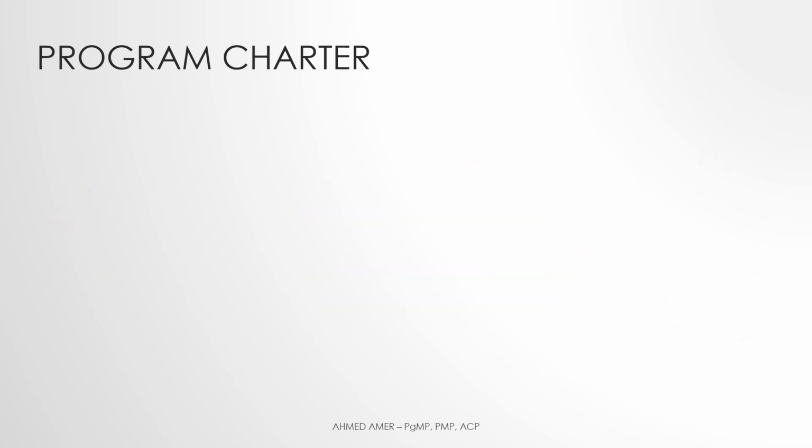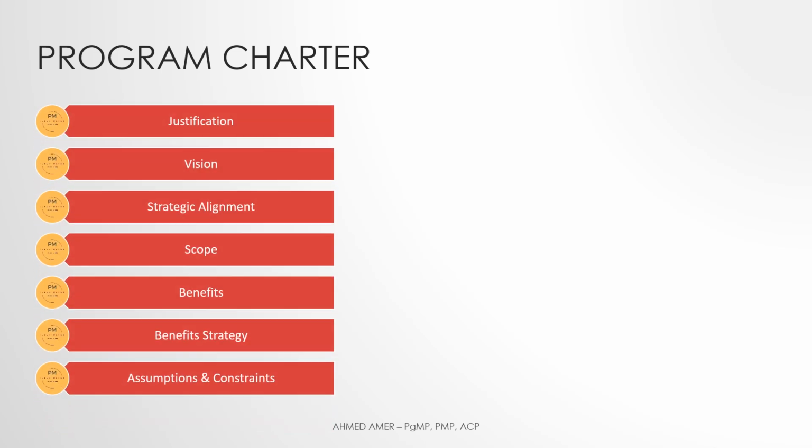The contents of the program charter generally consist of the following: Justification. Why is the program important and what does it achieve? Vision. What is the end state and how will it benefit the organization? Strategic alignment. What are the key strategic drivers and the program's relationship to the organizational strategic objectives and any other ongoing strategic initiatives?